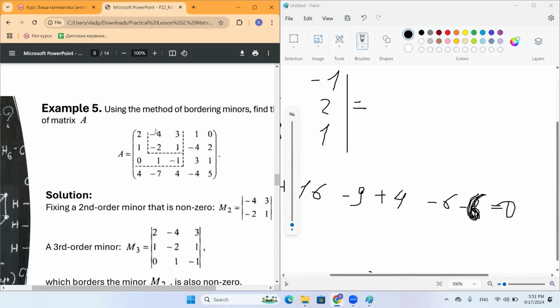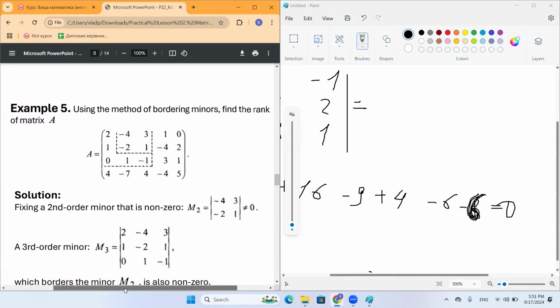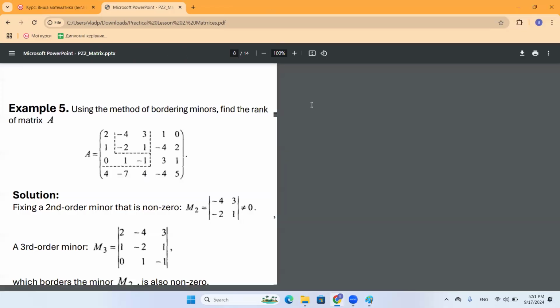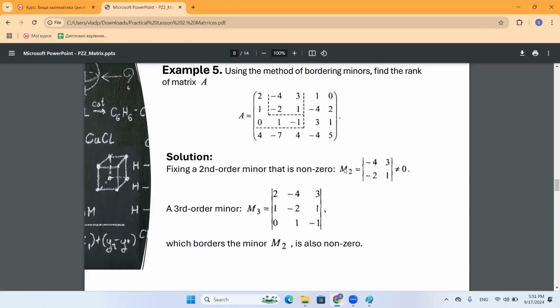We choose any minor that is not equal to 0. Let's look at the example. This minor is not equal to 0. It equals 2.